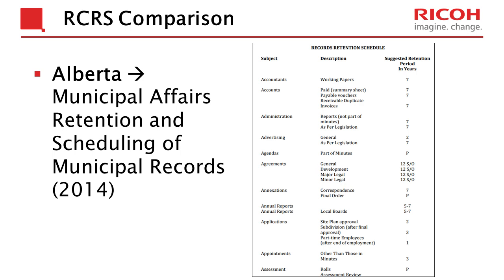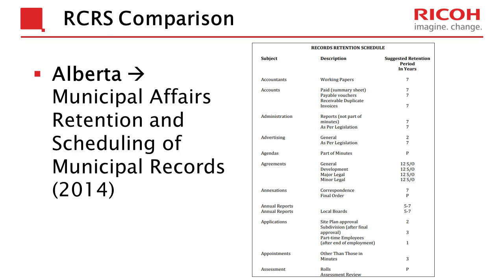Now, the retention period, the retention schedule: since we're looking at just grouping our files, we don't want to focus on the retention period yet. In other words, if we look at LGMA, we want to look at the subject matter headings. We don't have to worry about the retention at this point, because we're just grouping our files. We can do that later on.